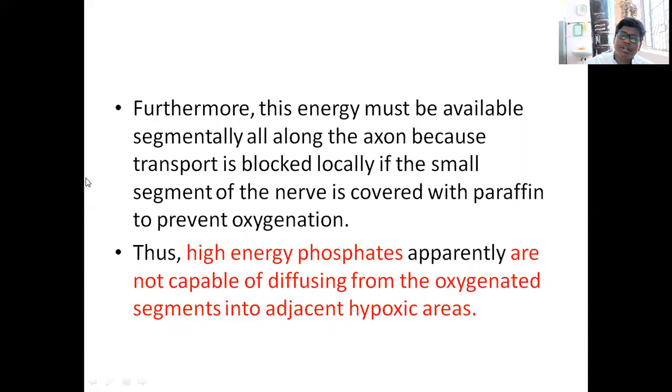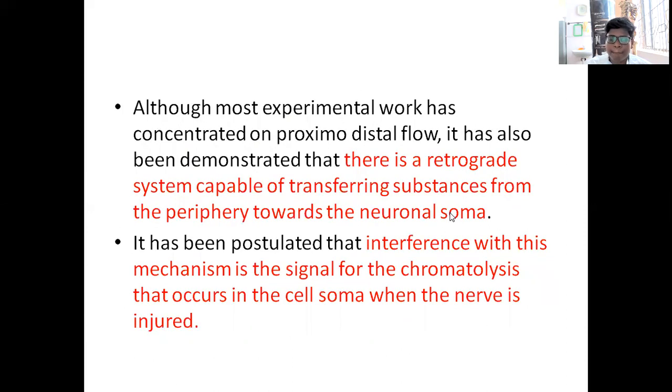Furthermore, this energy must be available segmentally along the axon because the transport is blocked locally if a small segment of the nerve is covered in paraffin to prevent oxygenation. Thus, high energy phosphates apparently are not capable of diffusing from the oxygenated segments into the adjacent hypoxic areas.